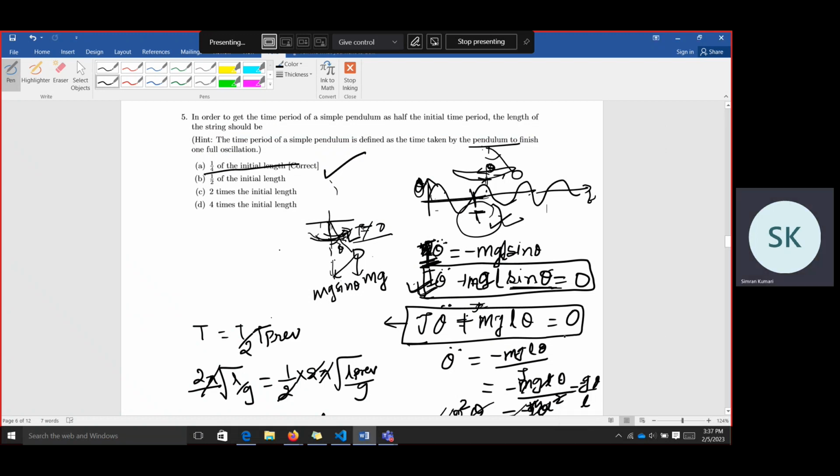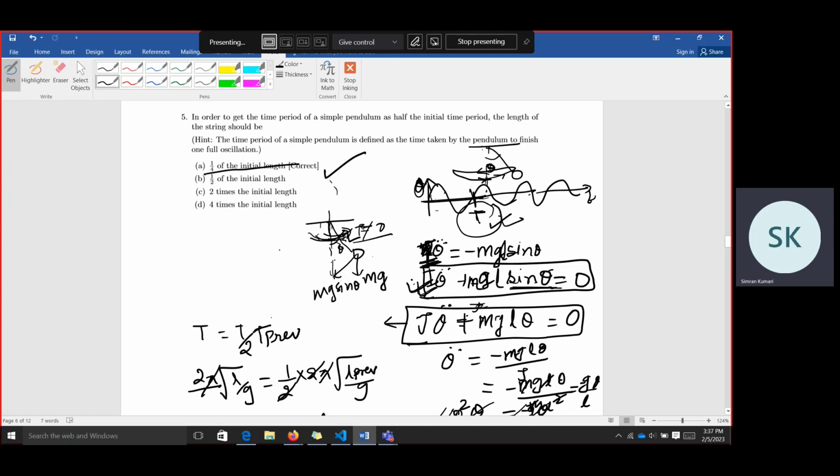And we have to find the time period, and we have to say what should be the length so that the time period is half of the initial time period. So for that, to do the analysis, since we are considering a pendulum oscillating about this vertical axis, we assume that this theta is very small, so we can write sine theta as theta, and we get a linear time invariant dynamical system.